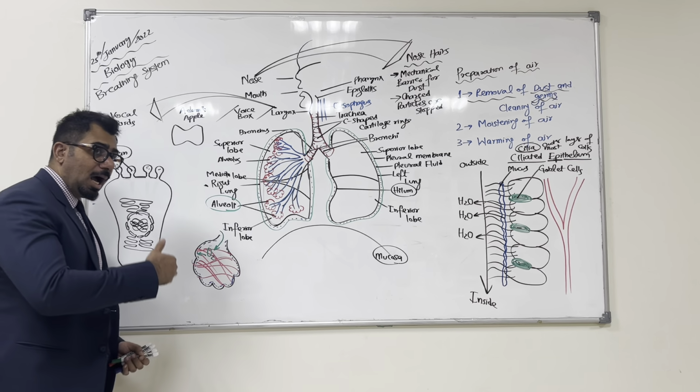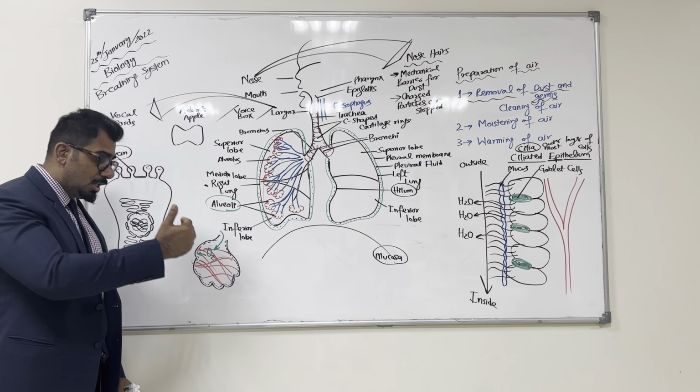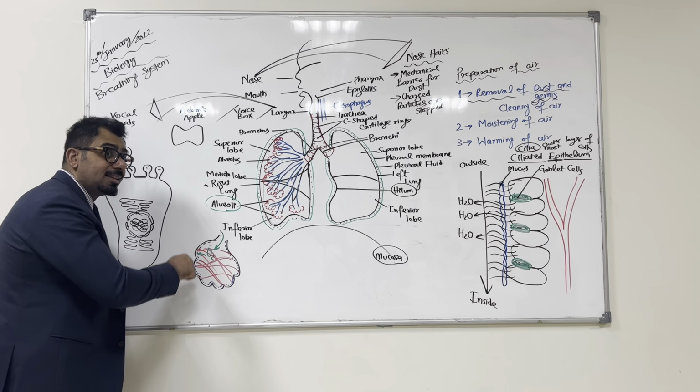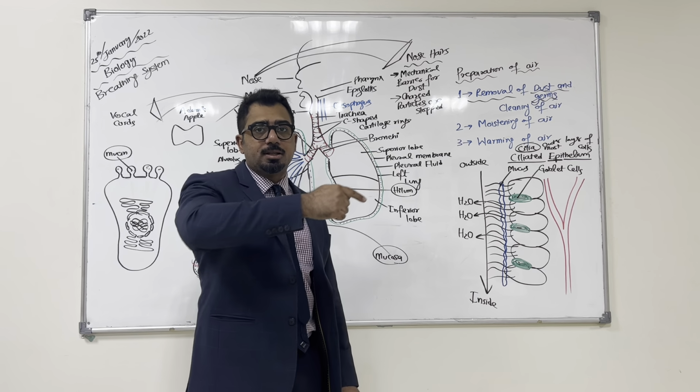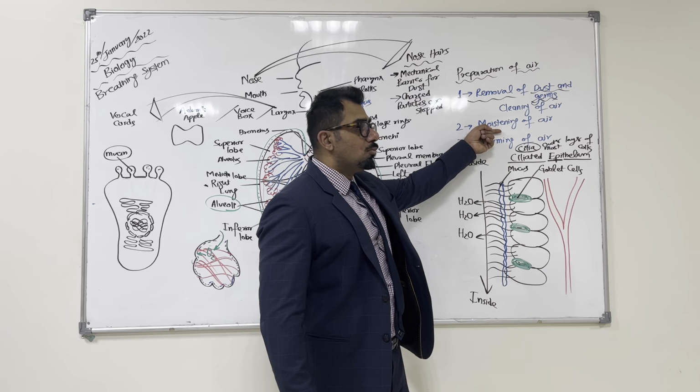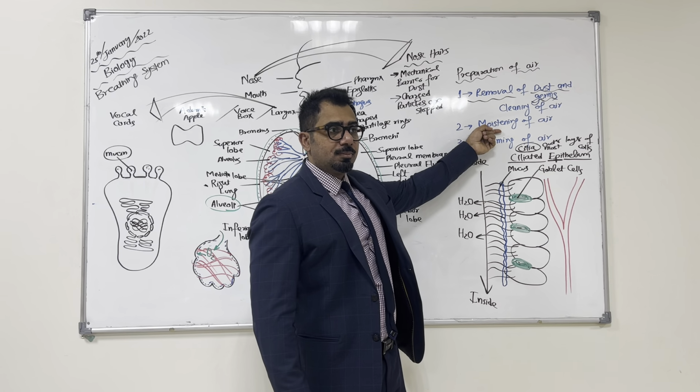Same thing, if the carbon dioxide needs to come out, first of all it needs to enter into this layer of water and then it diffuses out into the air, in the exhaling air, right? So that's why moistening of the air is required. Understand?